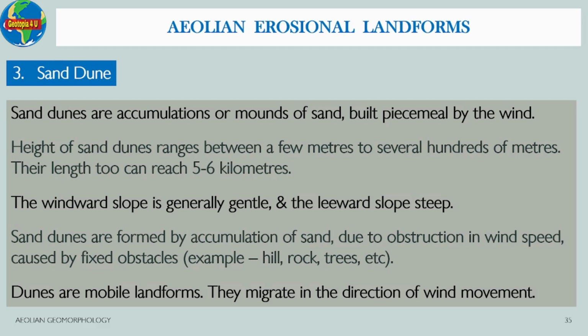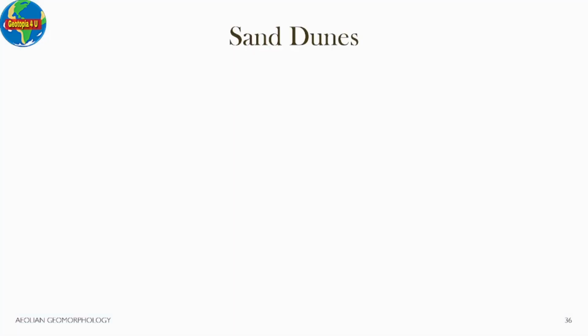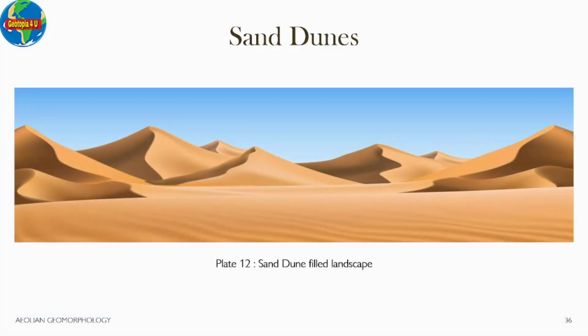Sand dunes are formed by accumulations of sand due to obstruction in wind speed caused by fixed obstacles, for example hill, rock, trees, etc. Sand dunes are mobile landforms. They migrate in the direction of wind movement. In this slide, you can see the picture of a sand dune filled landscape.